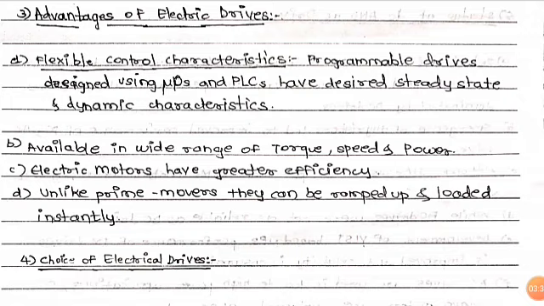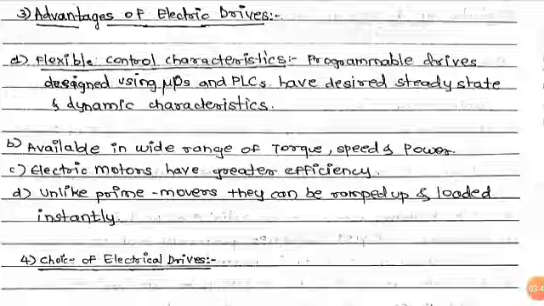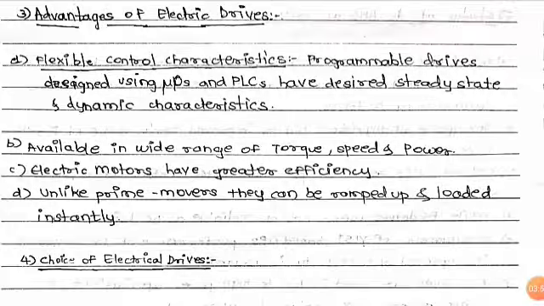Steady state, I have explained, is the constant speed and constant torque operation, and dynamic is changing torque or speed operation. Suppose previously it is running with 1000 rpm and now we want to reduce the speed to 800 rpm.